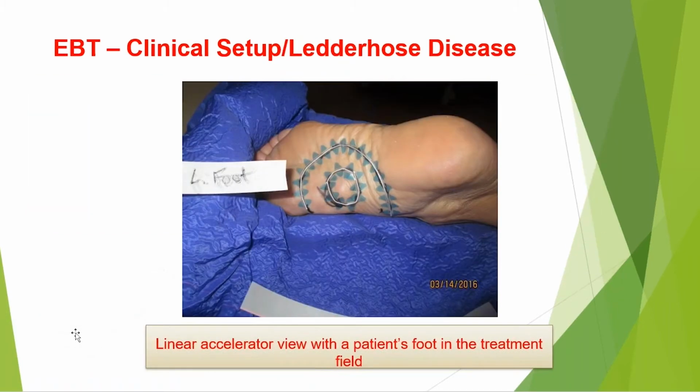This slide just represents the typical setup for my Ledderhose patients, which is feet first in prone position. And you see, just like we would traditionally do, we would wire the fibroma and then a 15 to 20 millimeter normal tissue margin around the patient, and then do thin cut CT images.